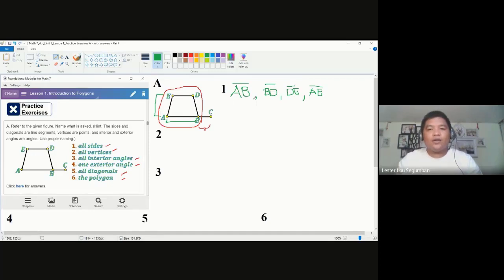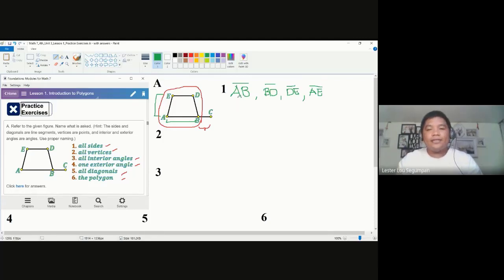If this is to be defined later as what type of polygon, simply look at the number of sides presented here as 4, and we could determine this polygon as a quadrilateral. But that is not the concern for this practice exercise. Let's proceed to item number 2.